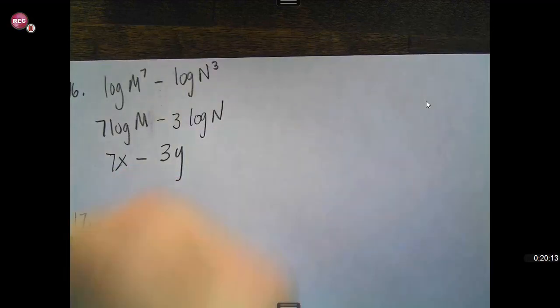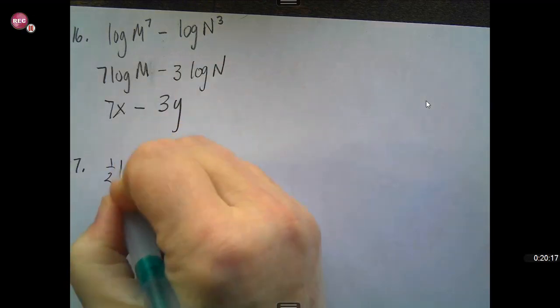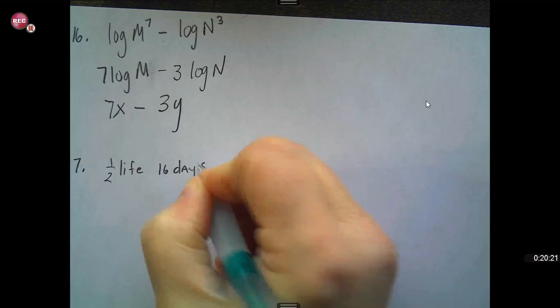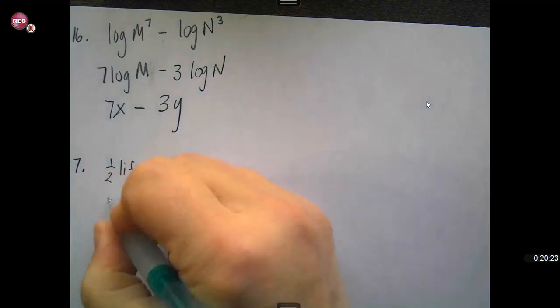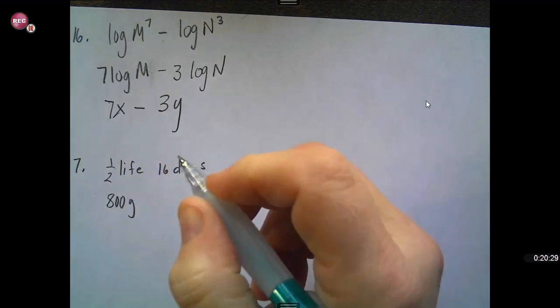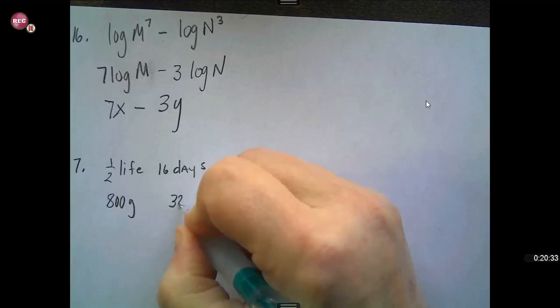17. A radioactive element has a half-life of 16 days, and there's 800 grams, so the initial amount is 800 grams to start. How much will remain after 32 days?